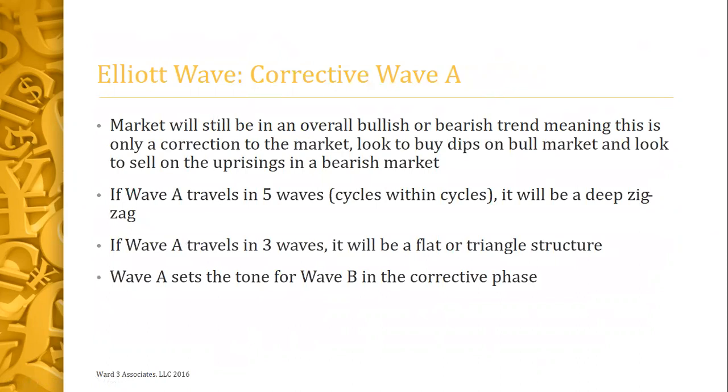If wave A travels in 5 cycles, again, this is cycles within cycles, it will be a deep zigzag. If wave A travels in 3 waves, it will be a flat or triangle structure. Wave A sets the tone for wave B in the corrective phase. And between wave A and B, there's another guideline of alternation that we cover.